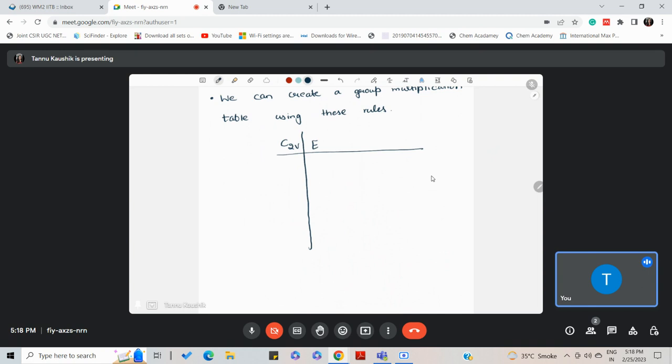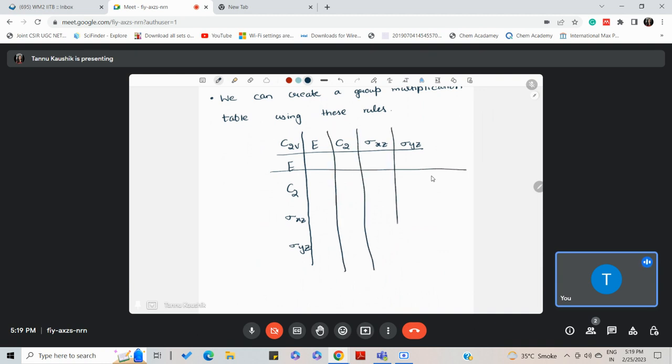So we have symmetry operations, symmetry elements E, C2, sigma xz, and sigma yz. We will be representing both, E, C2, sigma xz, sigma yz. So now taking the product of these elements, let's see what group multiplication table we will get.